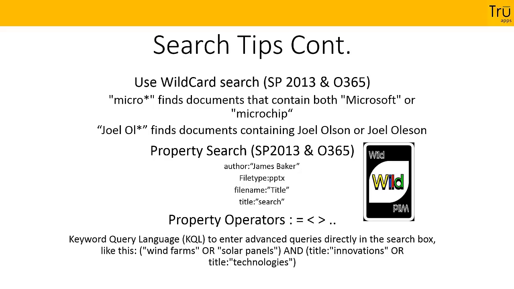But that's one good example. File name, and then you put in the file name of the file, title. Those properties are, I think, the more common ones you could use, but those can really add to really powerful search properties when you're doing search.